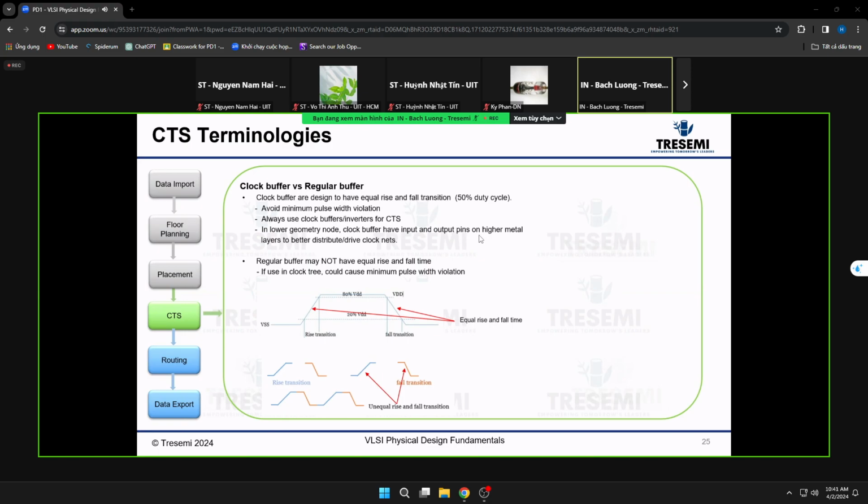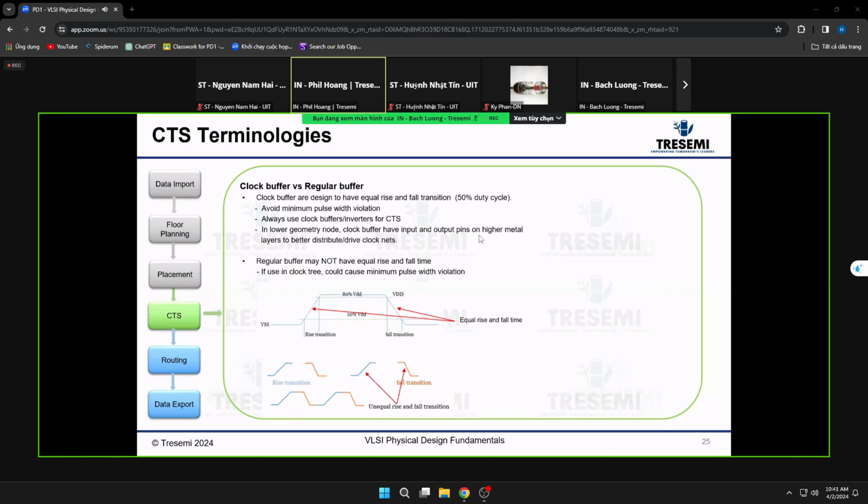When you do design, you need to look at the libraries, look for buffers and inverters, and understand the naming, so you can specify that during CTS. Otherwise, CTS would use all the buffers available to it, which is not good.